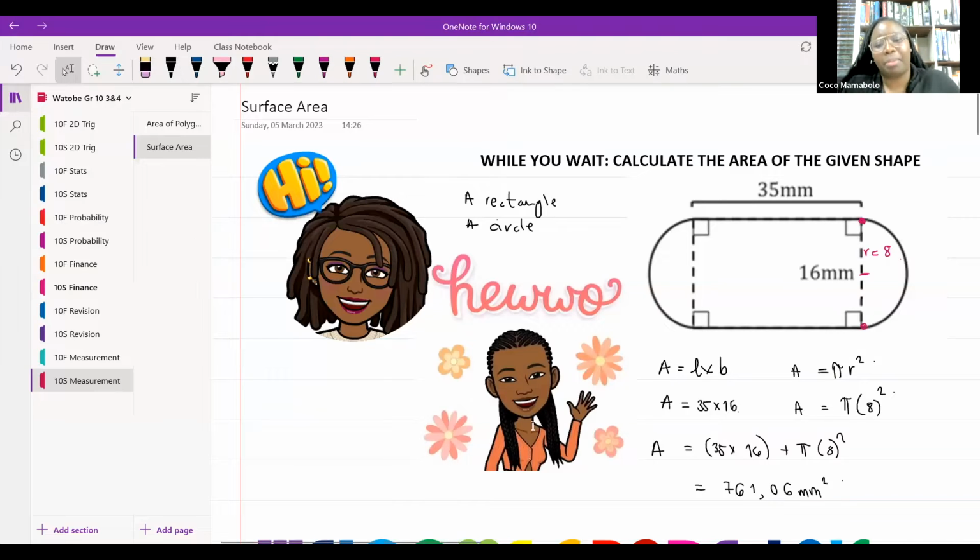Funzo says, ma'am, where is pi on the calculator? Now, if you look at the very bottom of the calculator, right at the very bottom, in the middle, there's a button that says times 10 to the power of x. Right above it, there's a tiny little pi written in yellow.